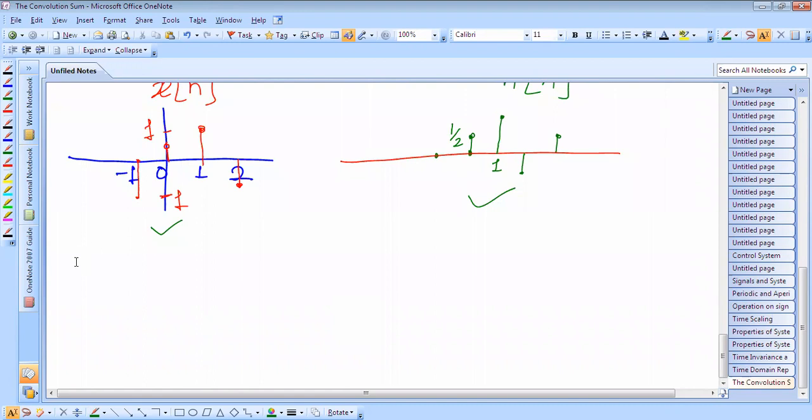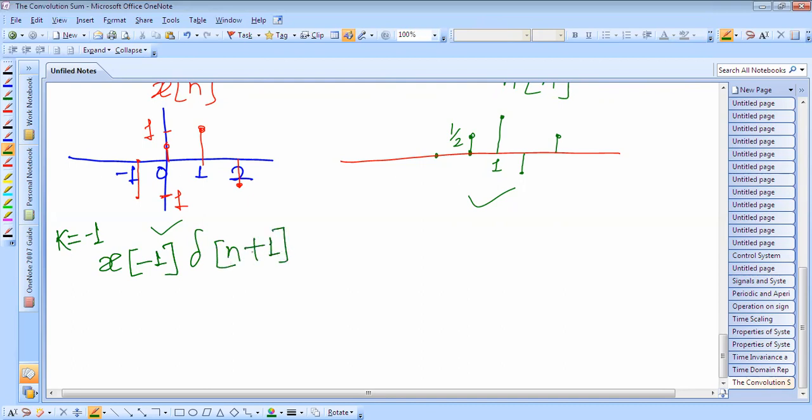So let us consider the function for k equal to -1, that is x of k into h of n minus k. So x of k, that means x of -1, into delta of n plus 1.